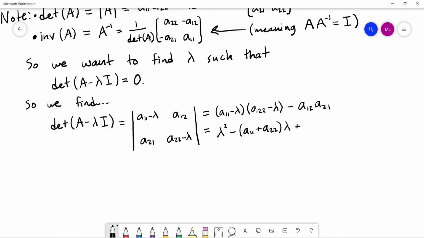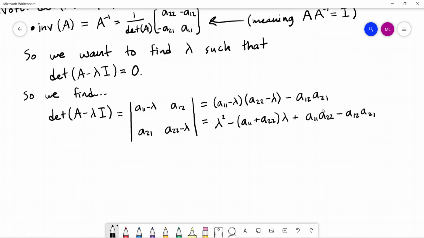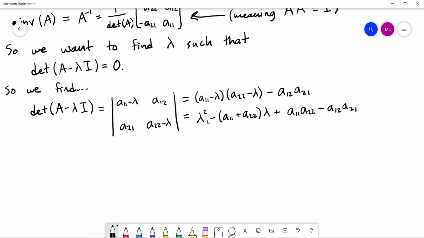So that's going to be plus A11 A22. And we still have this other term over here that I haven't touched yet. So minus A12 A21. And so this winds up being basically a quadratic in lambda that we need to solve because it's all now set equal to 0. Right, we set it equal to 0 and solve for lambda.